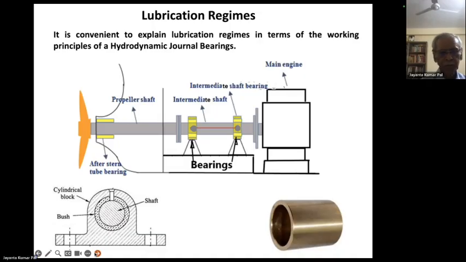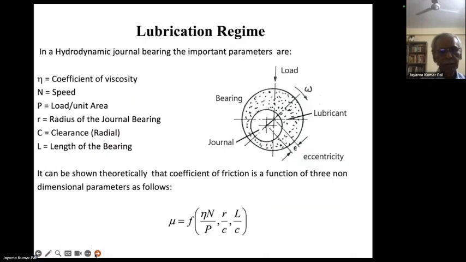Now, in hydrodynamic journal bearings, the shaft, as shown in the picture, rotates eccentrically within the bearing, and the lubricant film, shown in a very exaggerated form, takes a shape like this.